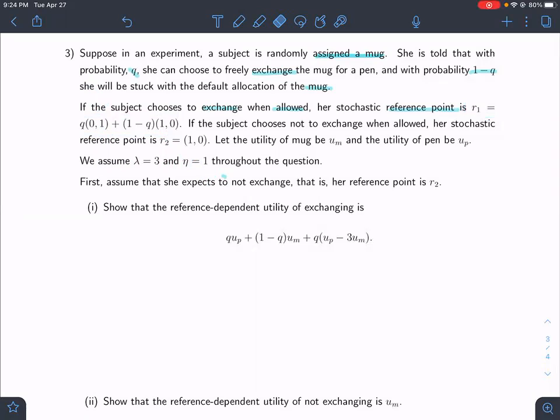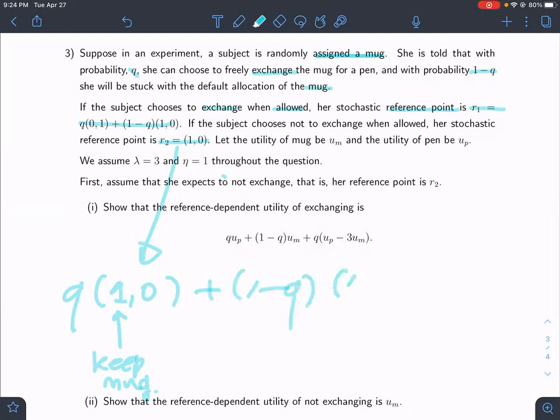Let me erase everything. Just highlight this. And then the second reference point is the case when you do not exchange. If you do not exchange, then your reference point will be Q1, 0. So you keep the mark plus 1 minus Q1, 0.